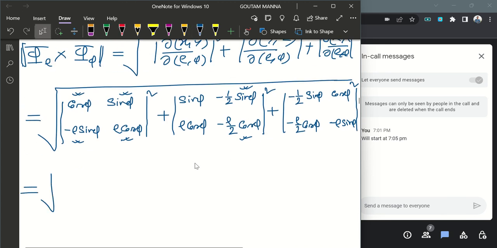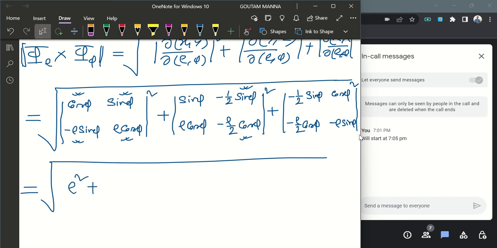Now if we calculate it, it will be rho cos square phi plus rho sin square phi, and sin square phi plus cos square phi is 1, so we will have rho square plus, here we have minus rho by 2 sin phi cos phi and plus rho by 2 sin phi cos phi, so it will be 0.